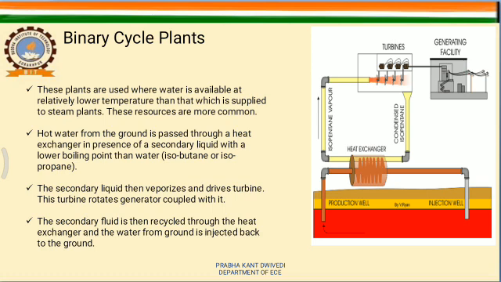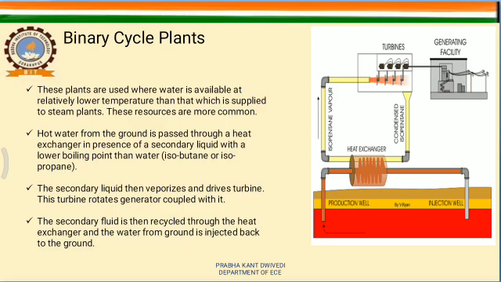In the binary cycle plants, instead of vaporizing the water, another liquid is vaporized, because there are some liquids such as isobutane and isopropane which have a much lower boiling point than water, so they can be vaporized easily at low temperature.